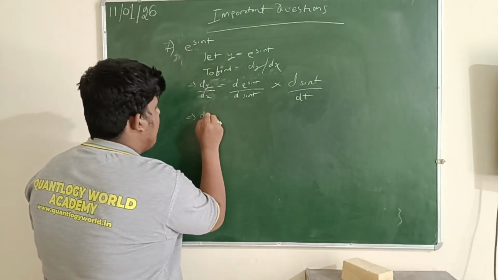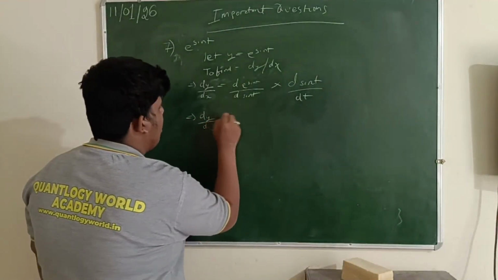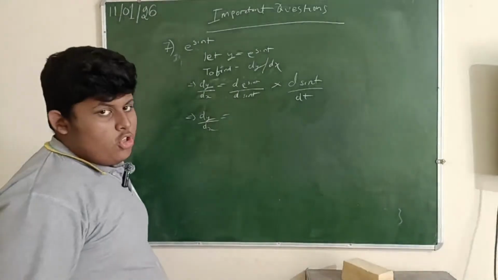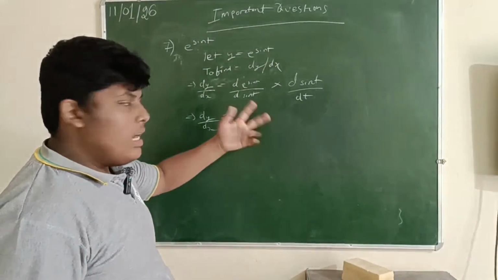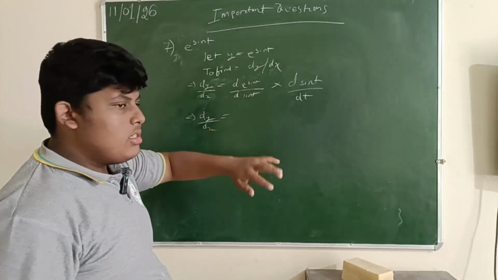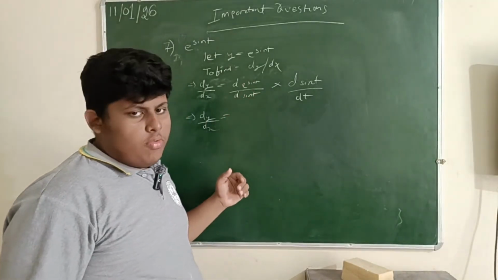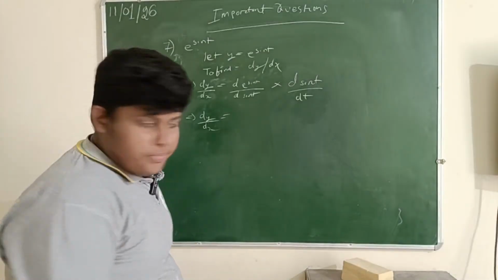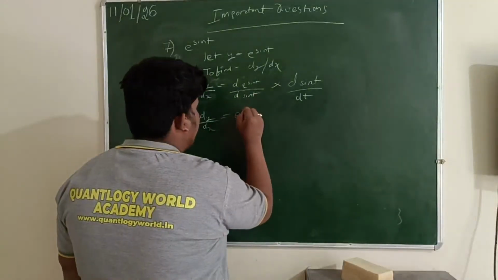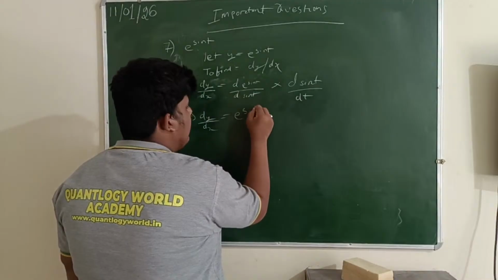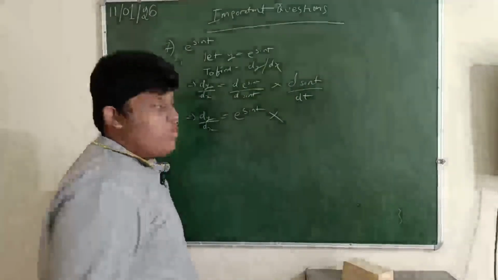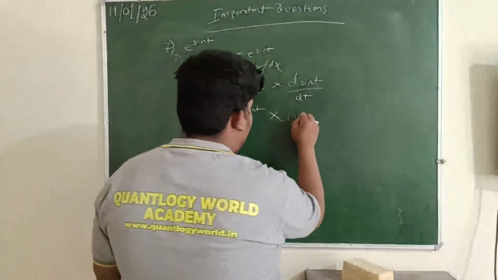Implies that dy by dx equals the derivative of e to the power x. For e to the power any power, it is the same, meaning the derivative of e to the power x is e to the power x, and here the derivative of e to the power sin t is e to the power sin t. So we write equal to e to the power sin t into the derivative of sin t, which is cos t.